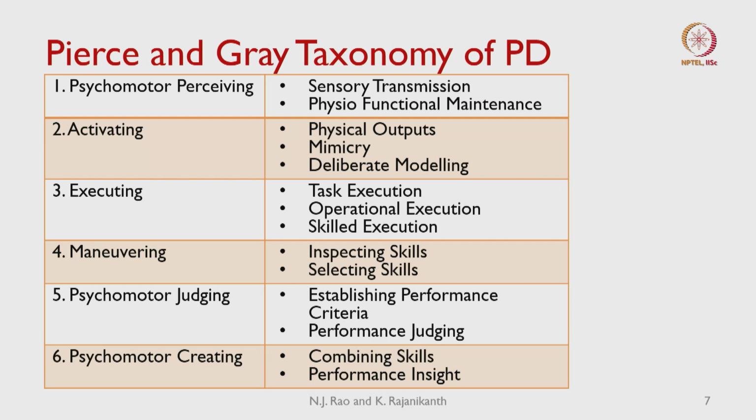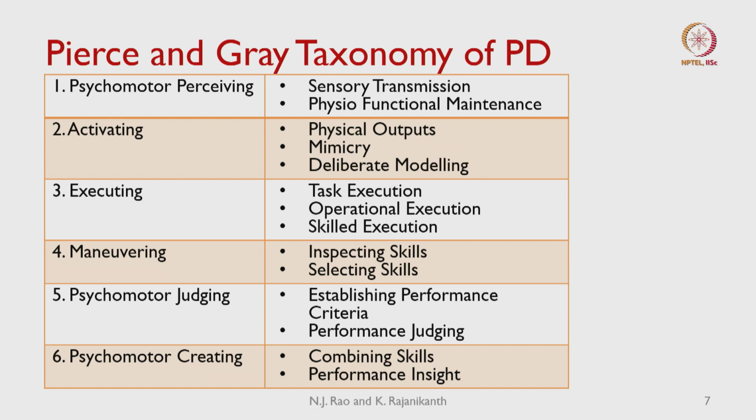Then psychomotor judging. Now establishing performance criteria and performance judging, this is what the coach will have to do. Coach will have some criteria in his mind to actually say whether the person who is practicing is doing it right or not. He will judge, and he will finally judge the performance as well.